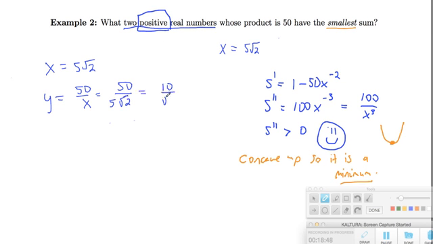That's 10 over square root of 2, right? And then rationalize the denominator. You get 10 times square root of 2 over 2, which is just 5 root 2. So what happened was the y ended up being the same value.